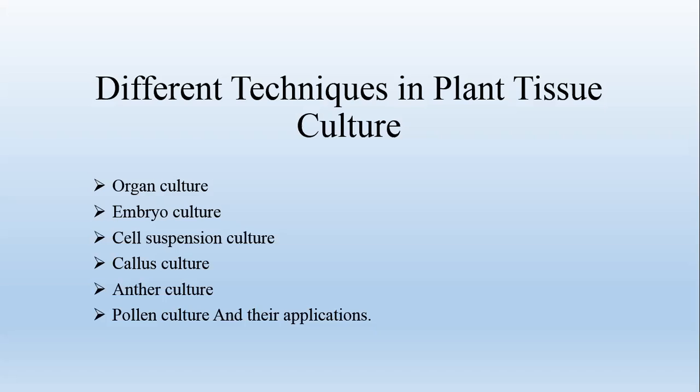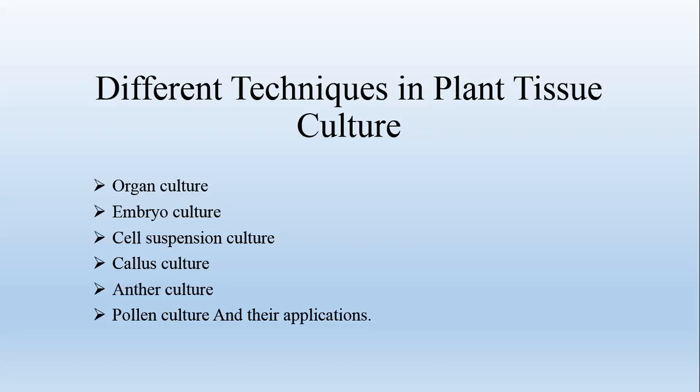This is one of the important points of our syllabus with respect to the final theory examination, in which we are going to discuss the different techniques in plant tissue culture: organ culture, embryo culture, cell suspension culture, callus culture, anther culture, pollen culture, and their applications.